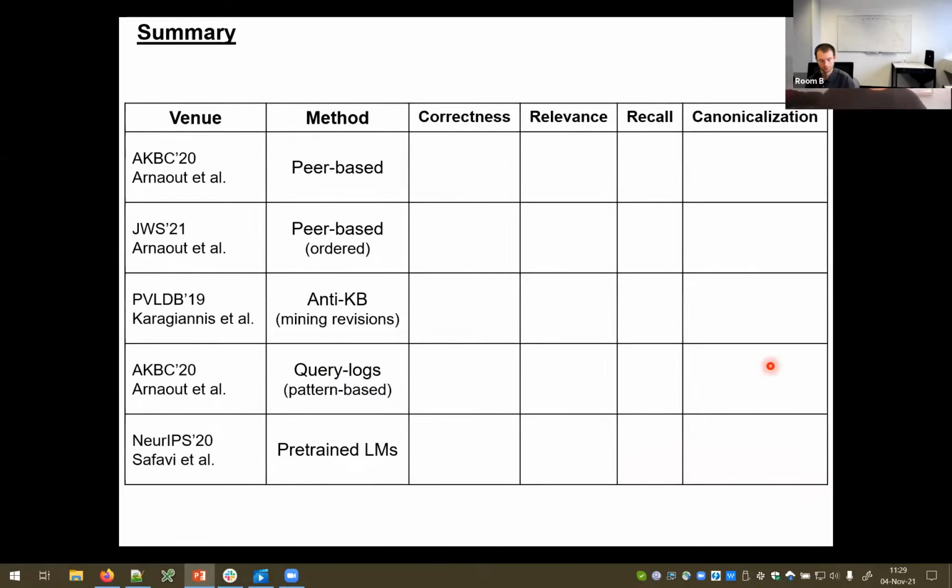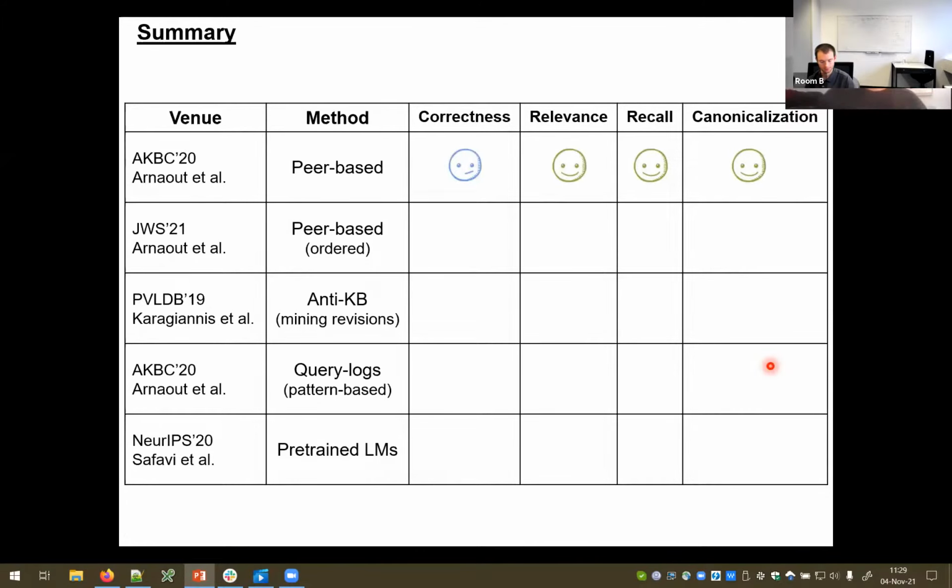Now, just to summarize the methodologies that I just described, and the advantage and limitation of each one of them. We first discussed the pair-based negation, the unordered pair-based, and the advantage of this method was the relevance, because of the pair frequency that we have, which is a very strong indicator of relevance. The recall is very high.